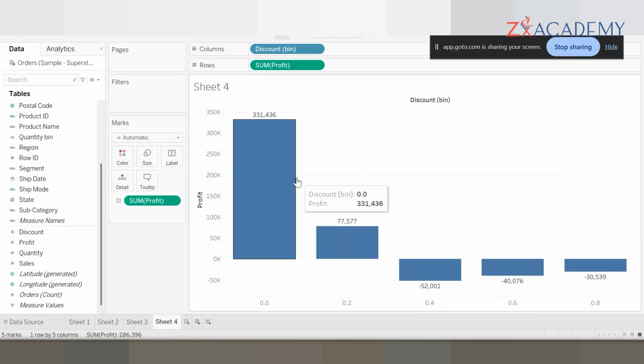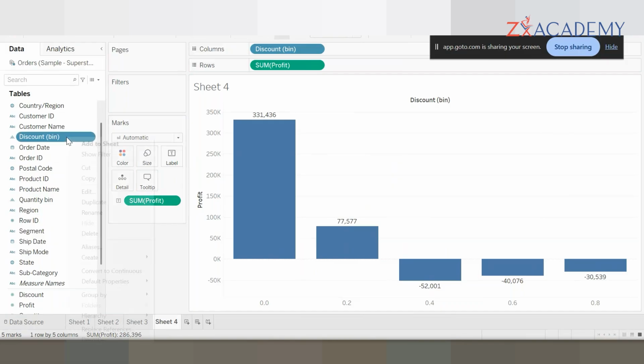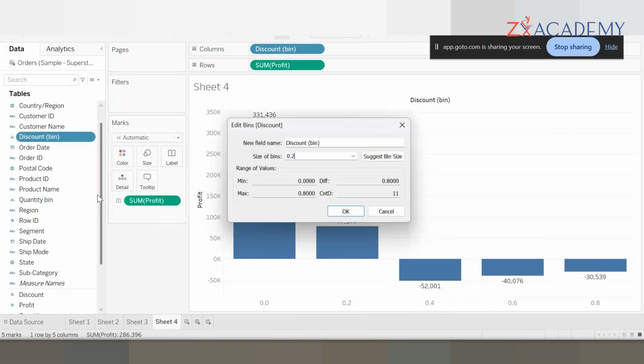See, when we have sold products with less than 30%, 40% discount, we have almost touched 4 lakhs of profit. But because of this high discount, my profit has come back to 2.8 lakhs. This is a major thing. Or if I want to divide it by 10% discount, I can just edit this particular bin here. I just say 0.1.